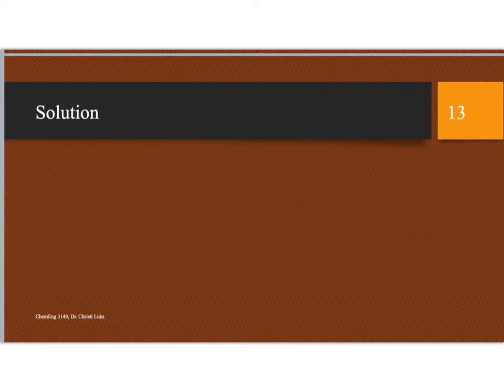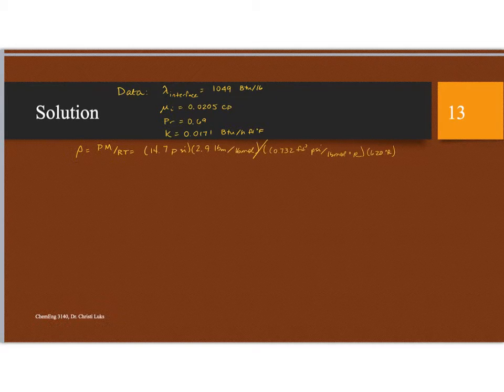So in this case, first we're going to need some data. From data tables, we find values of the heat of vaporization, the viscosity, the Prandtl number, and the conductivity. And we need to calculate the density as one of the pieces that we will need. I'm going to assume that this acts as an ideal gas.